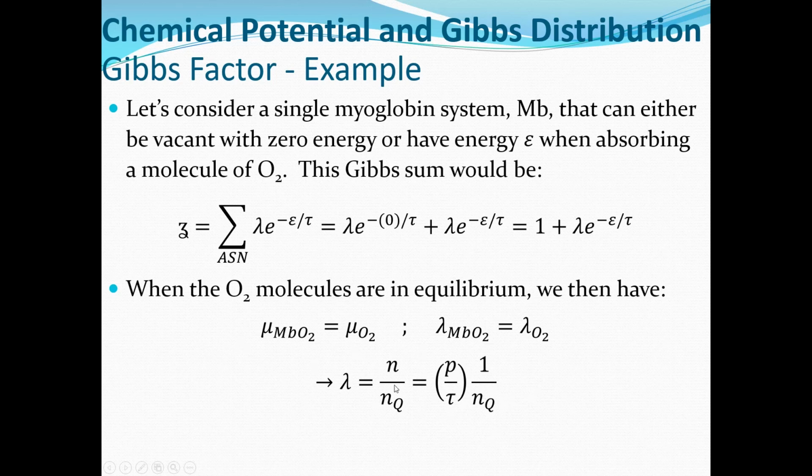So again, another reason it's nicer to work with this lambda term is that it's very easy to figure out what the lambda term is. It is a very nice concentration divided by quantum concentration type relationship.